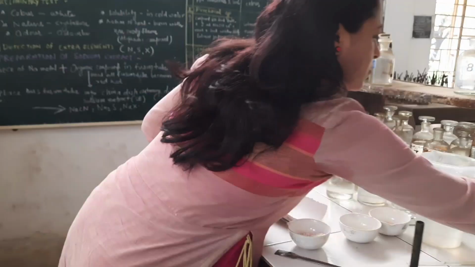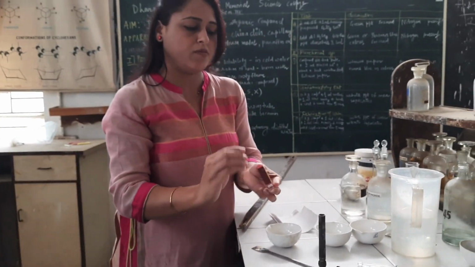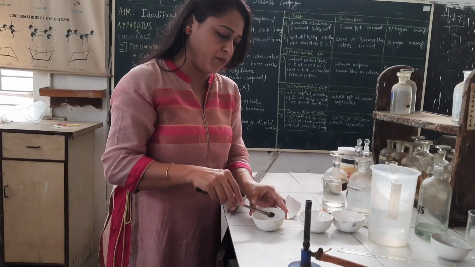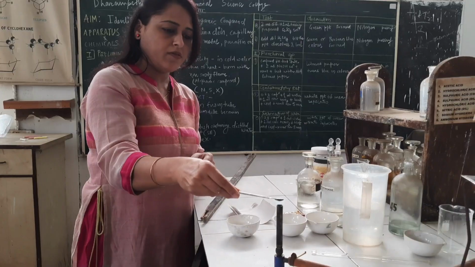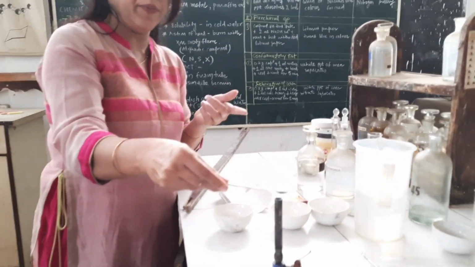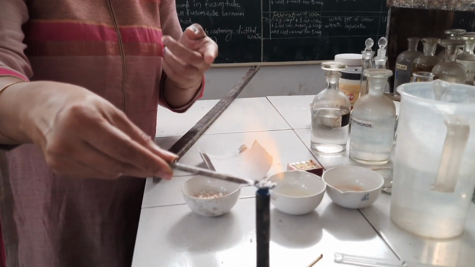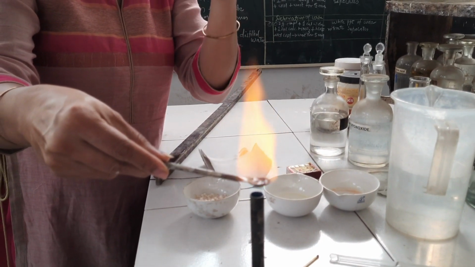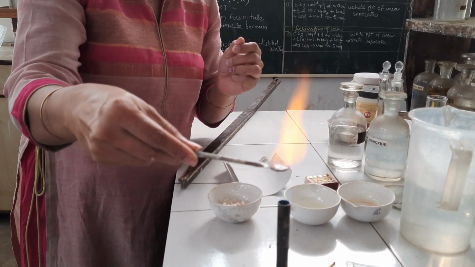For that, turn the burner on, take some quantity of the compound and heat it. If the compound burns with a sooty flame, then we can say that it is aromatic. But as you can see, the flame is not sooty. It does not give black ashes. So this is not a sooty flame.